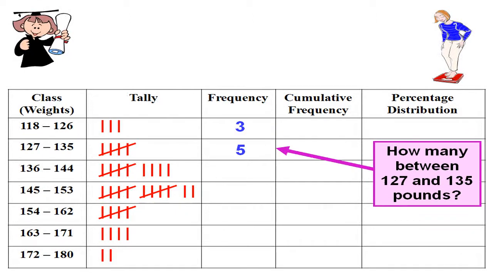What about the next one? How many should you have in the next one? 9, right? What about the next one? 12. What about the next one? 5. And the other one? 4. And the next one and the last one? 2. Okay, you've constructed a frequency table.